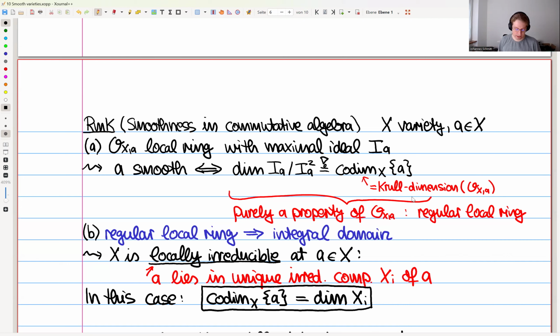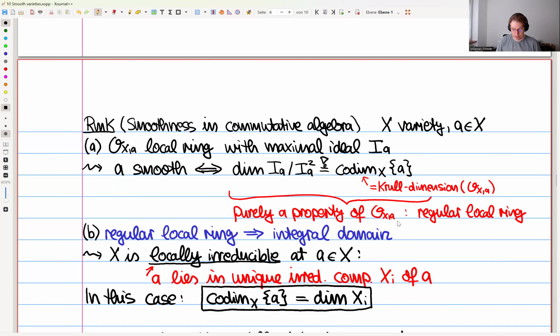I just said this in words, but basically this uses one commutative algebra lemma: the prime ideals of the localization are just the prime ideals in the original ring contained in the prime ideal at which you localize. Okay, but this means this condition is purely a property of this local ring. This is how we connect it to commutative algebra.